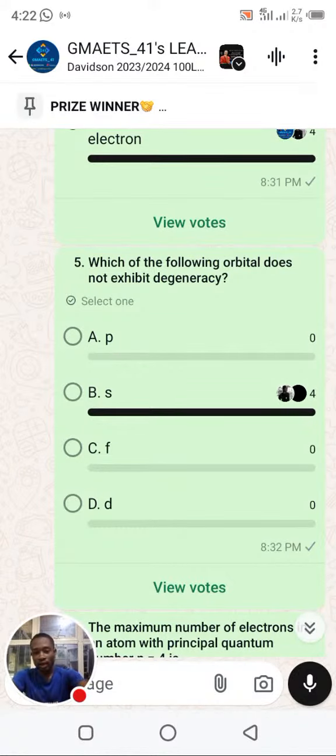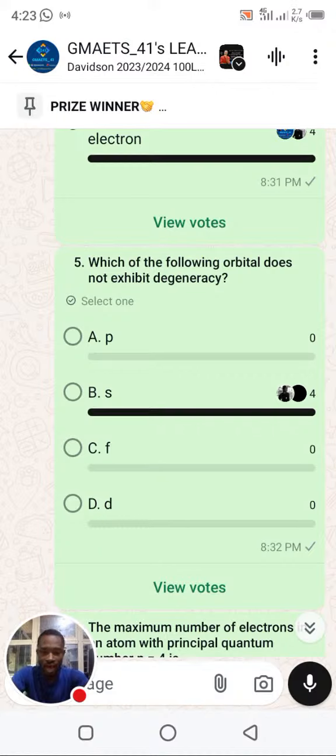Which of the following orbitals does not exhibit degeneracy? That's question number 5. A student will have to understand what degenerate orbital, or degeneracy, is all about. The correct option there is option B. S orbital does not exhibit degeneracy.